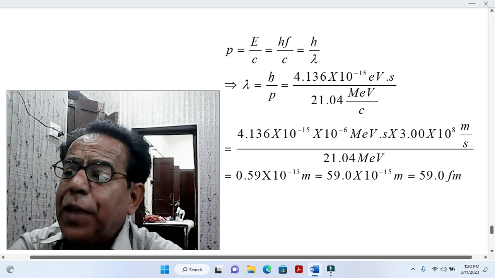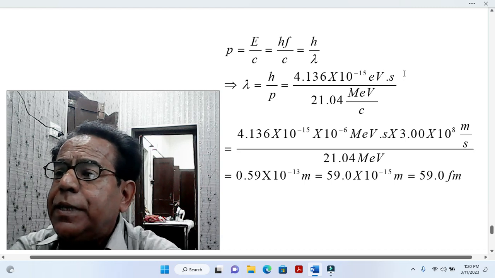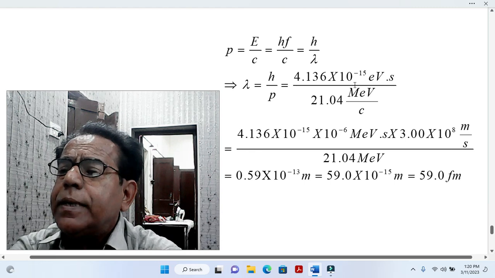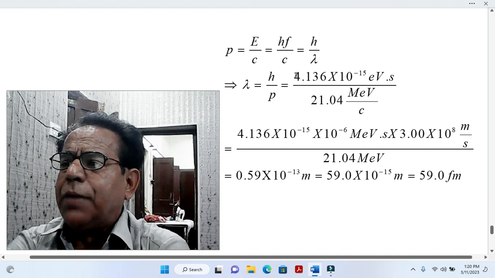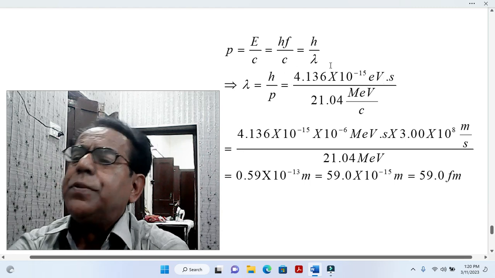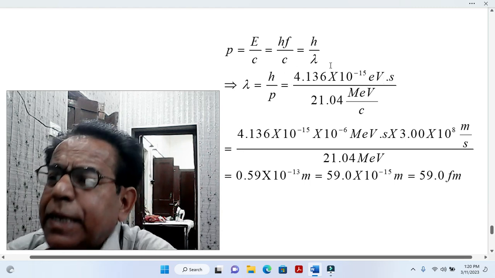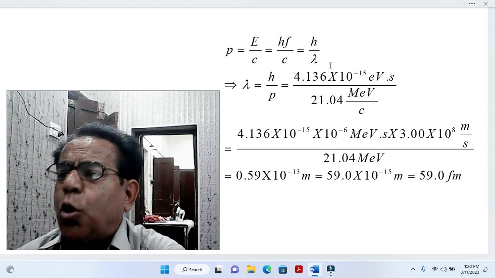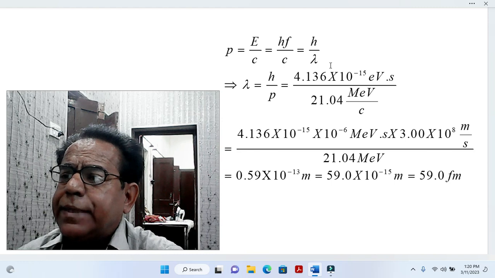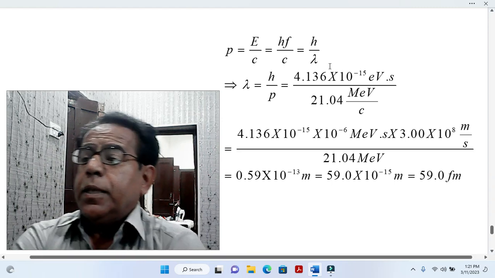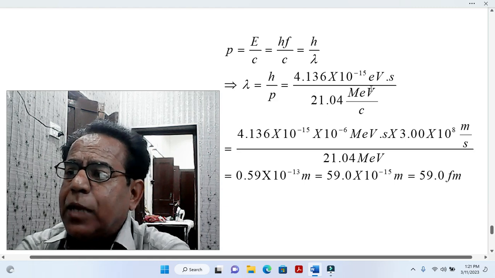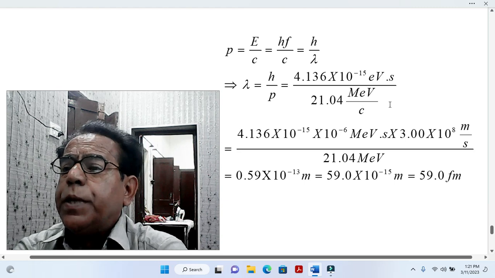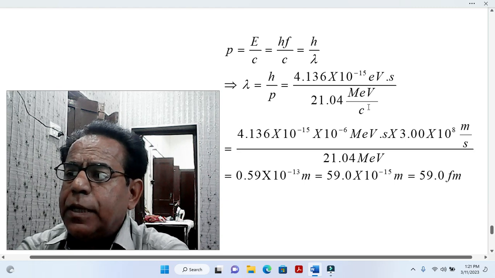This value of Planck's constant h is given in two different forms, out of which we have selected one and left the other, because this form of the value of Planck's constant h is suited to us. Moreover, here in place of p we have used the value which we calculated on the previous page, 21.04 million electron volt over c.